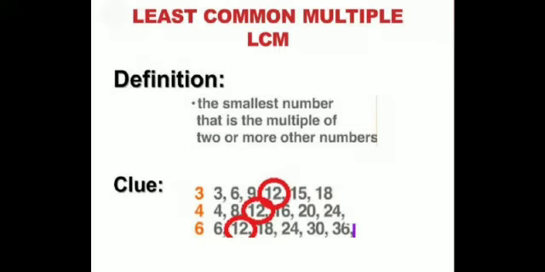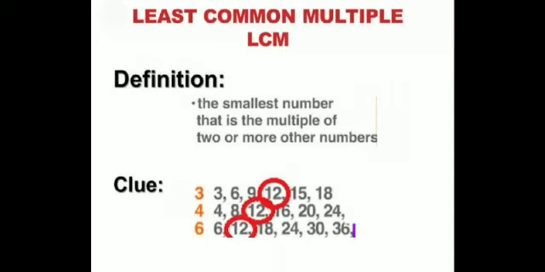Here we are having three numbers 3, 4 and 6, and we have written their multiples. So multiples means tables. So multiples of 3 are 3, 6, 9, 12, 15 and 18 and so on. There are infinite multiples of a number. Multiples of 4 are 4, 8, 12, 16 and so on. And multiples of 6 are 6, 12, 18, 24, 30, 36 and so on.